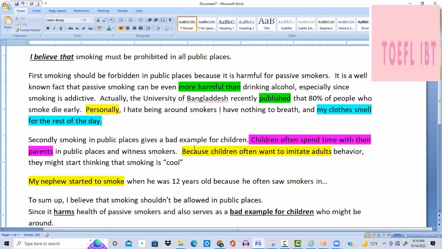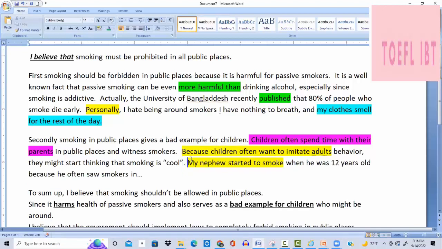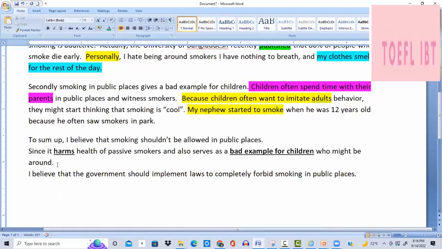Because children often want to imitate adults' behavior, they might start thinking that smoking is cool. Okay. Then I'm going to put up my personal example. Remember, I said that you need to have about 3. My nephew started to smoke when he was 12 years old because he often saw smokers in the park. And you don't have to put that there. It was just there.